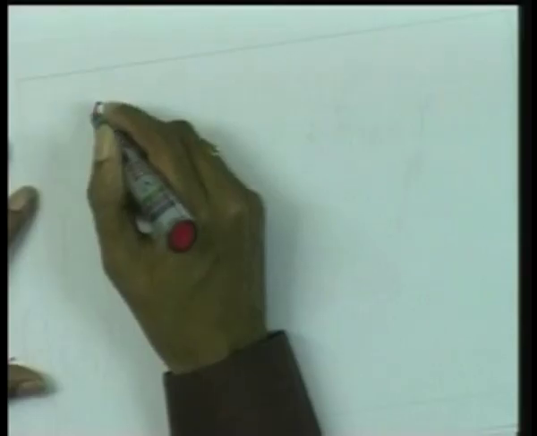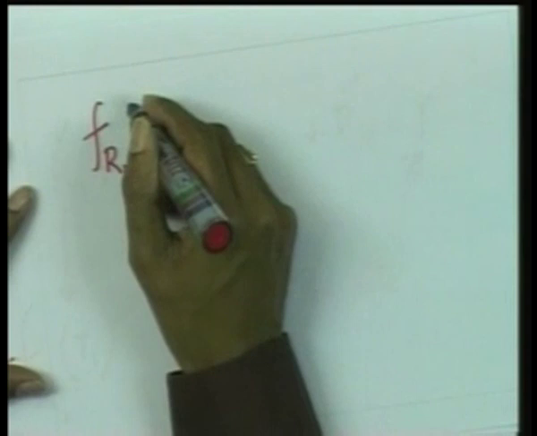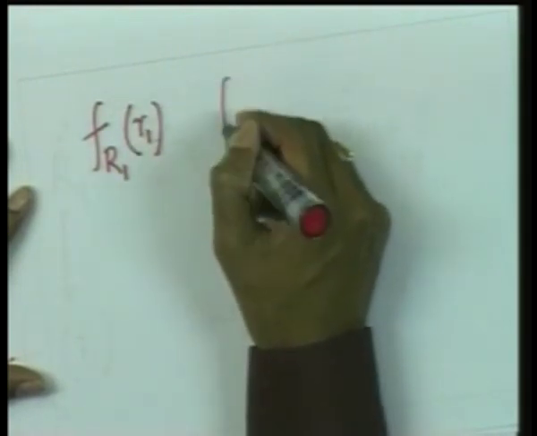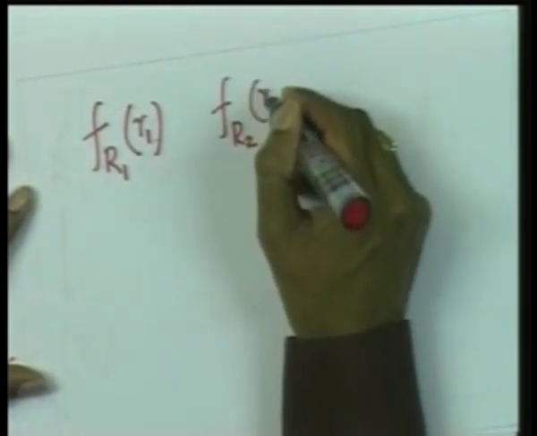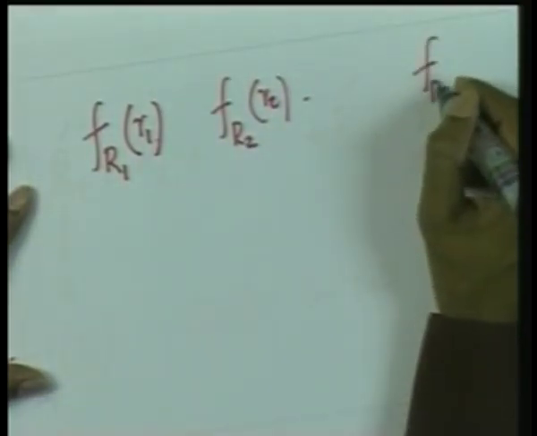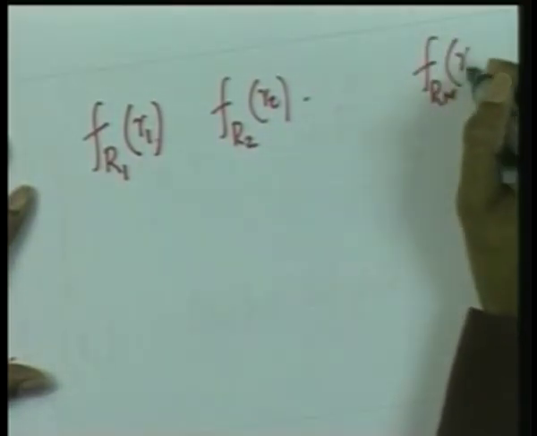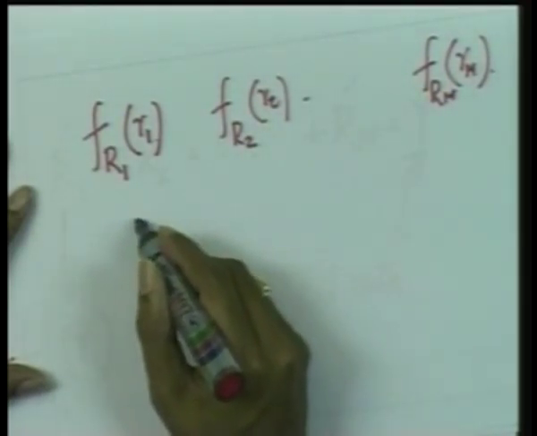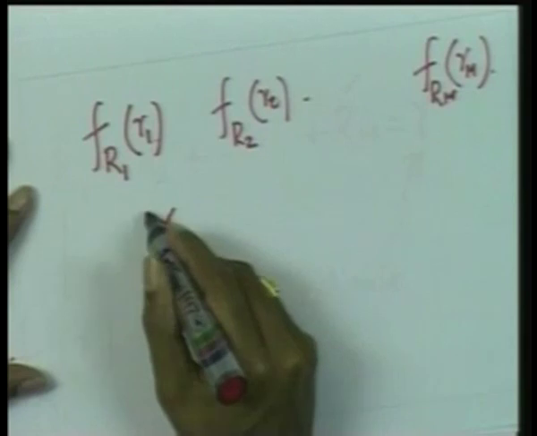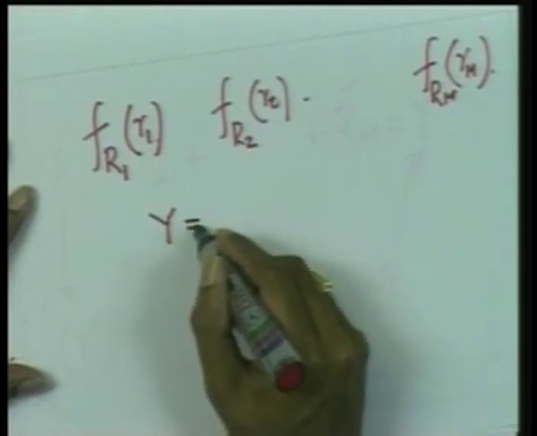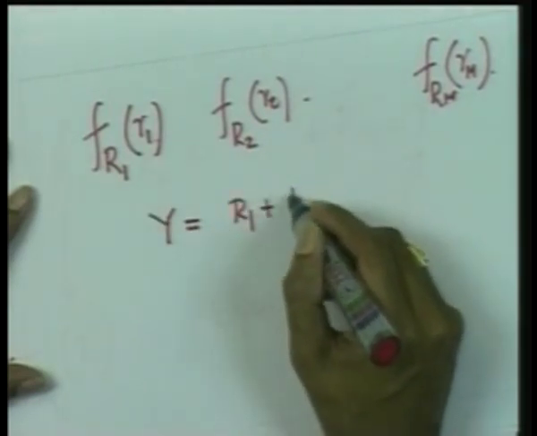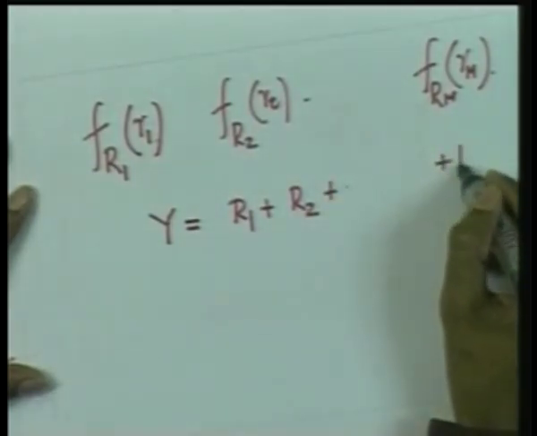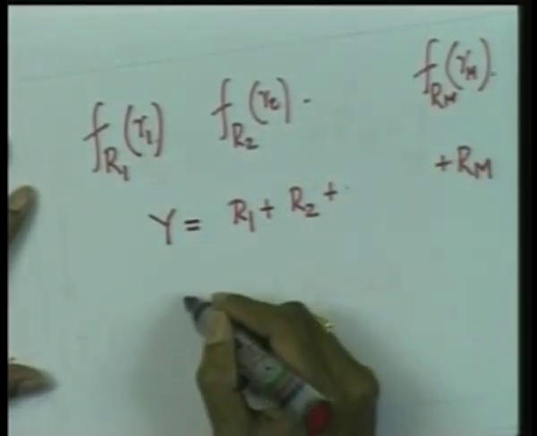Each of these users has submitted their density functions, that is FR1, FR2 and so on, FRm. Now the network determines the density function of the output Y, which is equal to R1 plus R2 plus up to Rm.